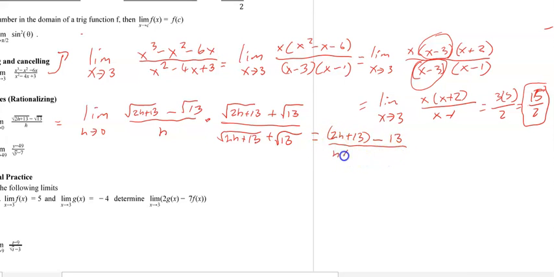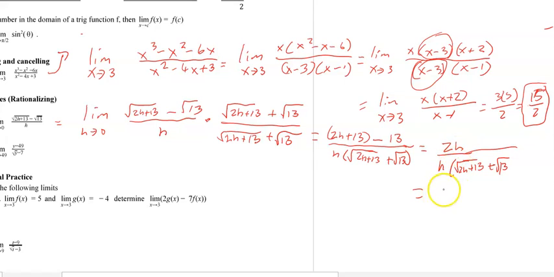And then the bottom will be h times radical 2h plus 13, and then plus radical 13. Let's continue simplifying this. All over is 2h plus 13, then minus 13. That's just going to leave us with 2h at the top, and then h times radical 2h plus 13 plus radical 13 at the bottom, and we're almost there.